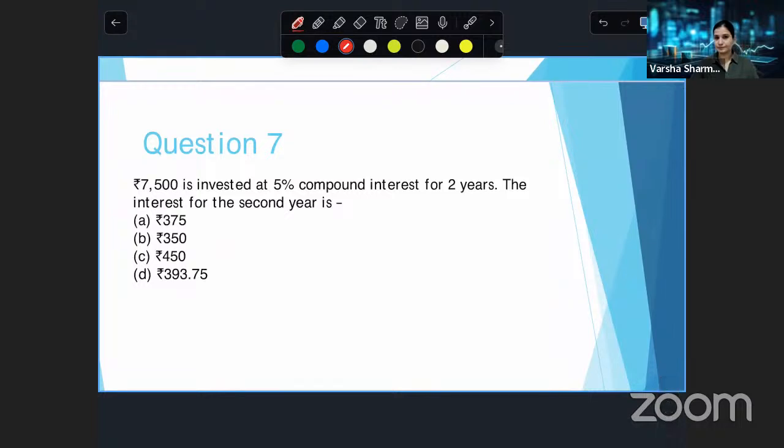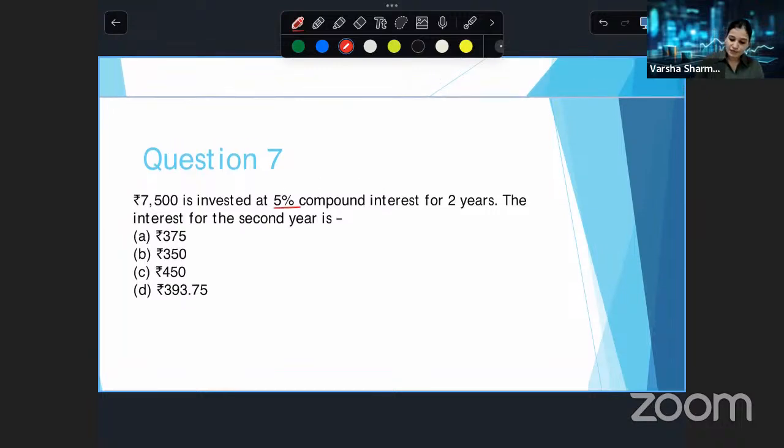7. Rupees 7,500 is invested at 5% compound interest for 2 years. The interest for the second year. 5%, so again the compounding value is 1.05. Amount, principal into 1.05 to the power 2.